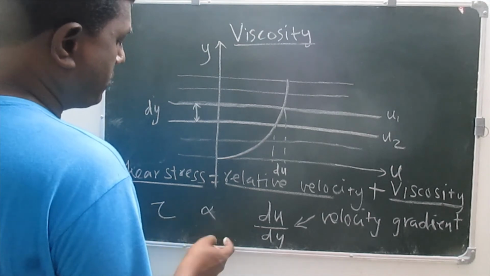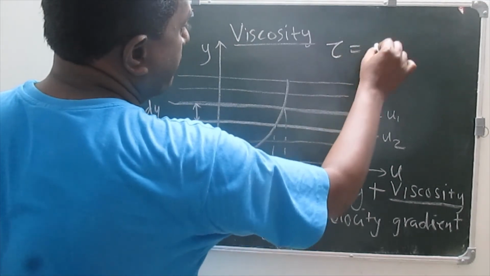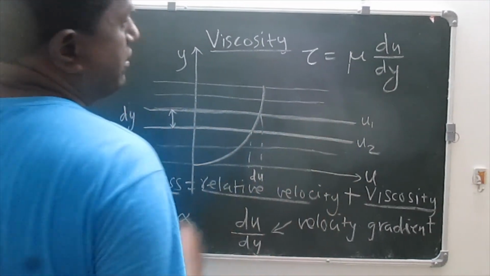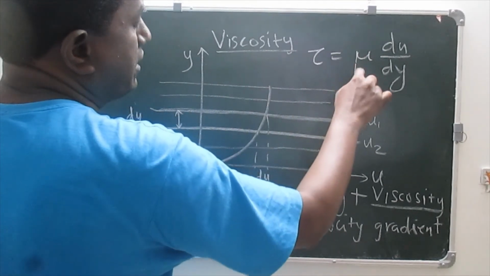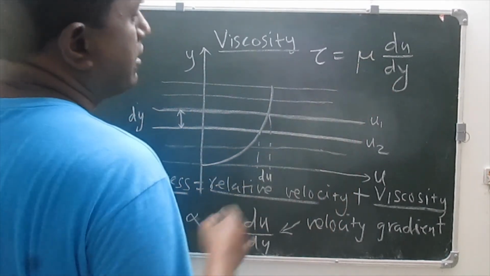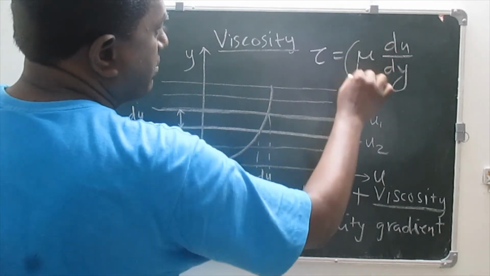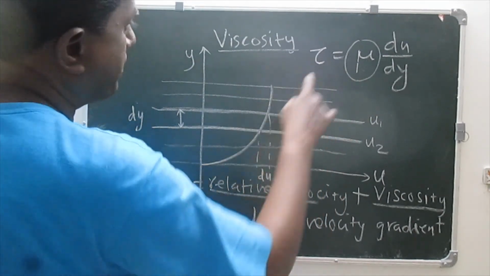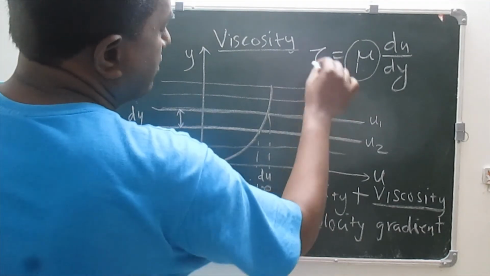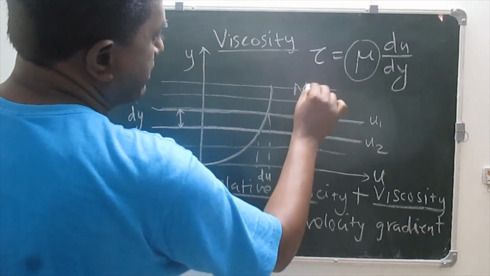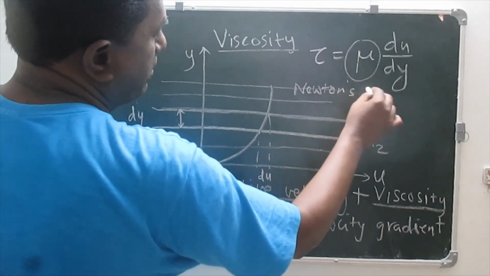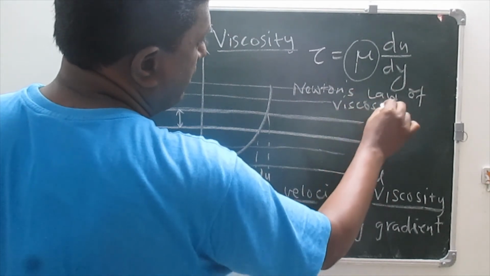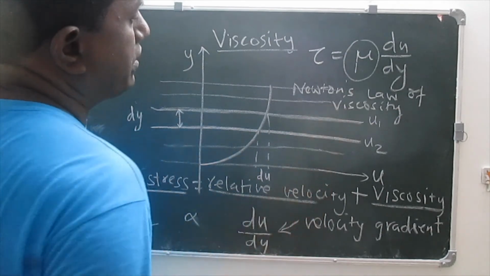When equating, we put in one constant of proportionality, which is the dynamic viscosity. This is Newton's law of viscosity.